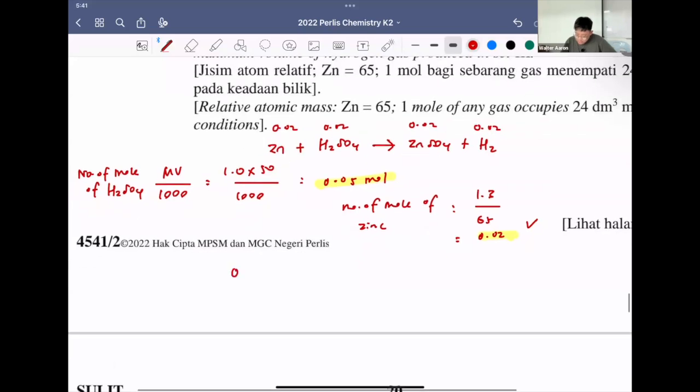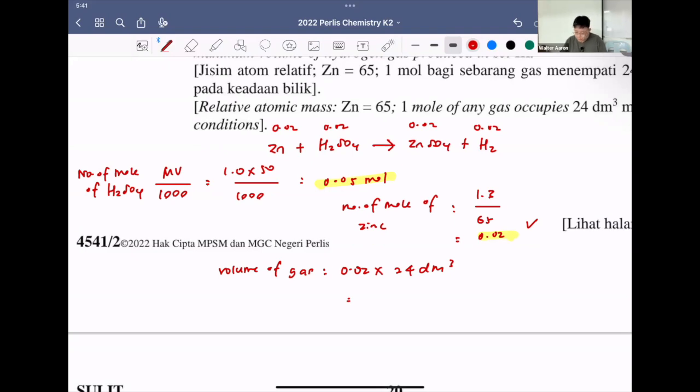So right now, the volume of gas being produced will be 0.02 multiplied by 24 dm cubed per mole. And I will be able to solve it and get our answer.